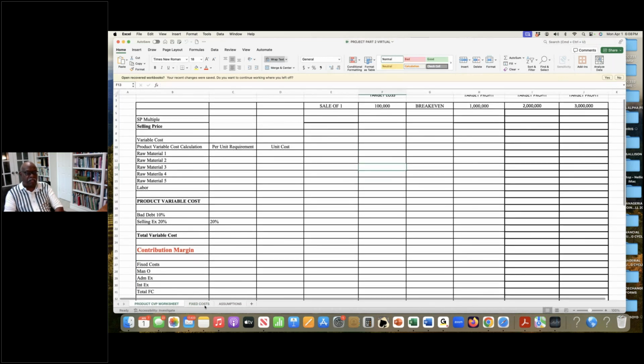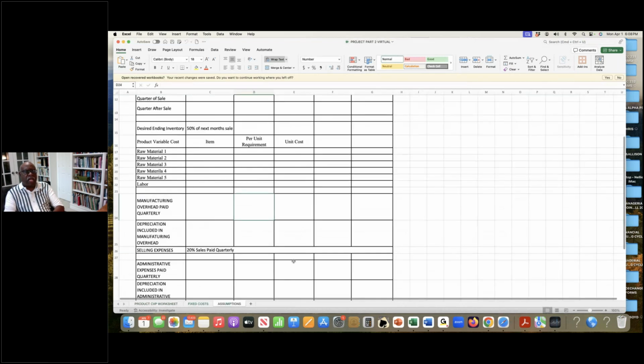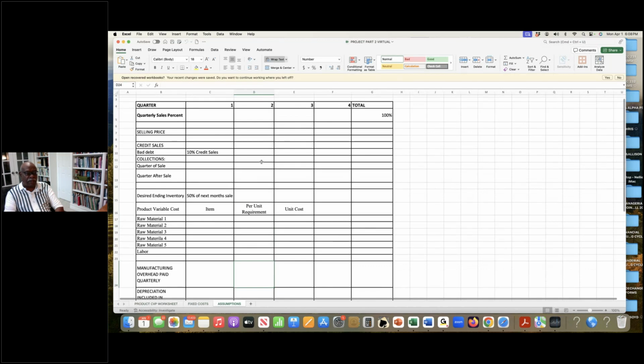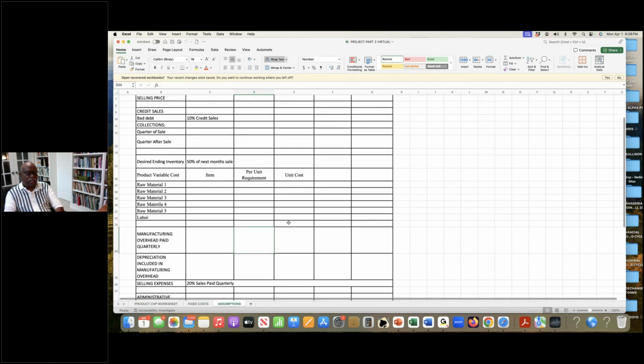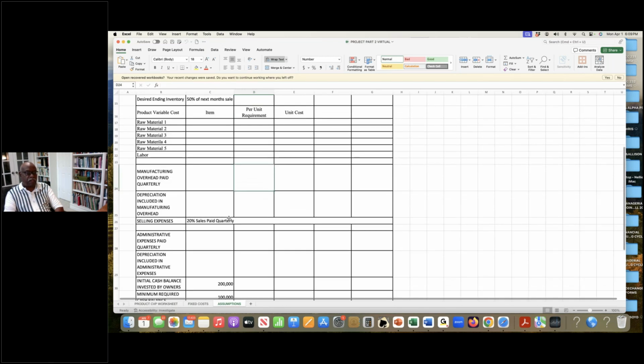You got fixed costs, sheet two, and then you have assumptions, which we'll be working on all week so you can get your assumptions in. But this is your product, your project. And so every cost from now is yours. So you got to come up with your fixed costs.